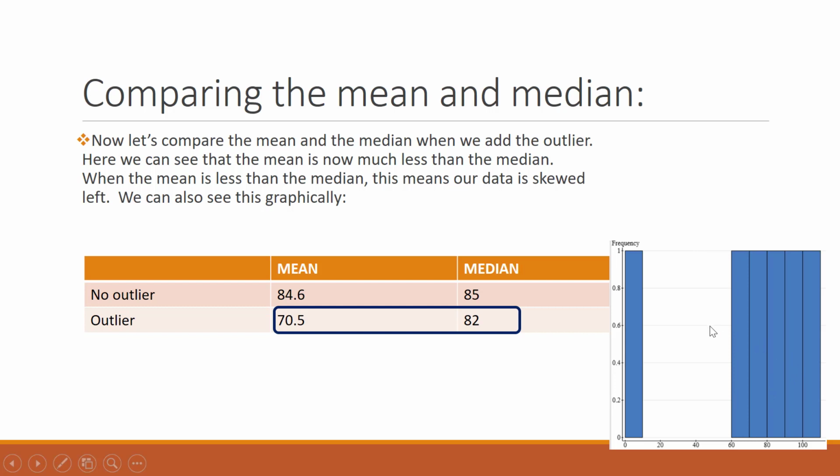In fact, it's skewed left. Notice that when we look at the mean and the median, before they were almost the same. Now the mean is 70.5 compared to a median of 82. The mean is now much lower than the median.